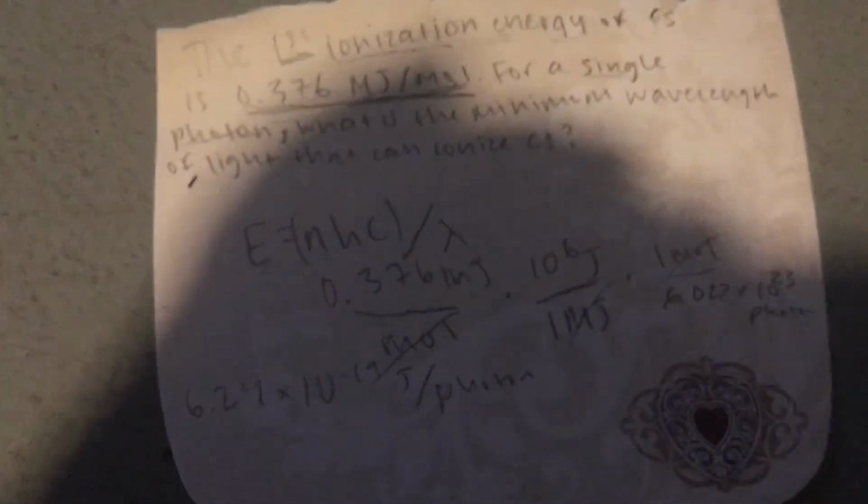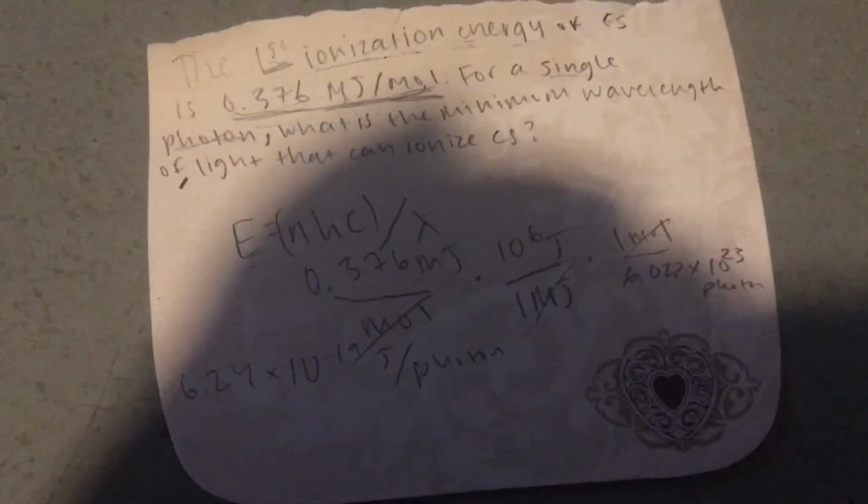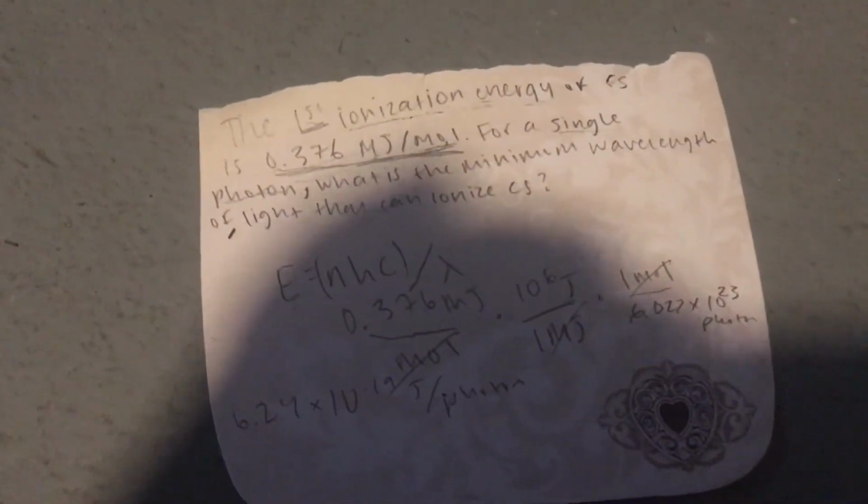And then now that you know what the energy is for every one photon, you can use that in the formula as our energy with N equals 1. So 6.24 times 10 to the negative 19th joules per photon.